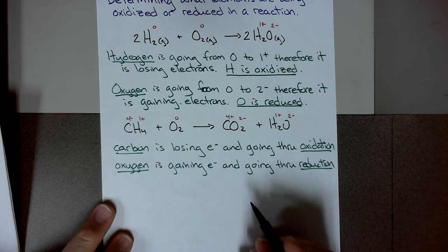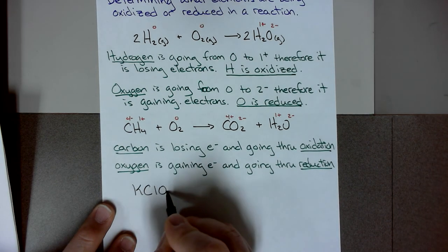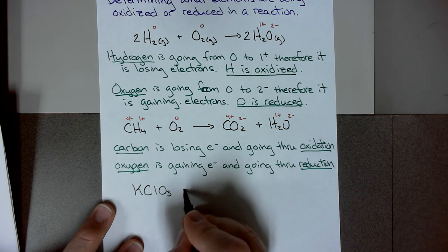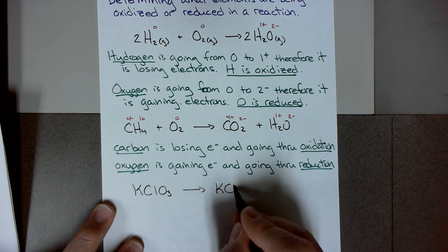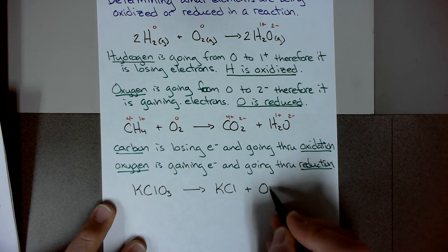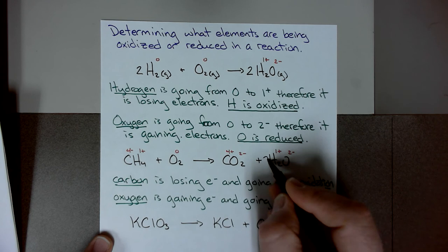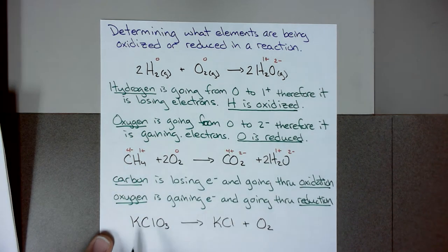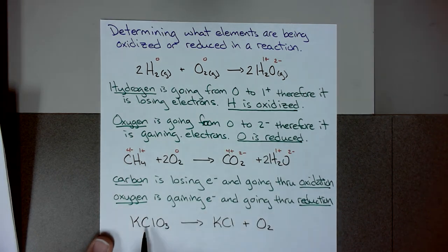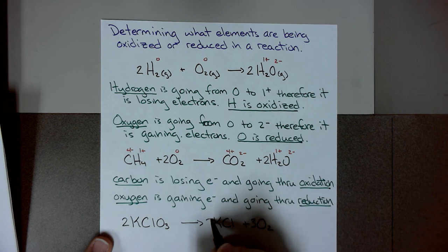So we're going to take potassium chlorate goes to potassium chloride plus oxygen gas. Oh, and I forgot to balance this up here, so we need to make sure it gets balanced. So we have a 2 there and a 2 there. This one we need 2 here to have 6 oxygens, a 3 here, and then a 2 here.